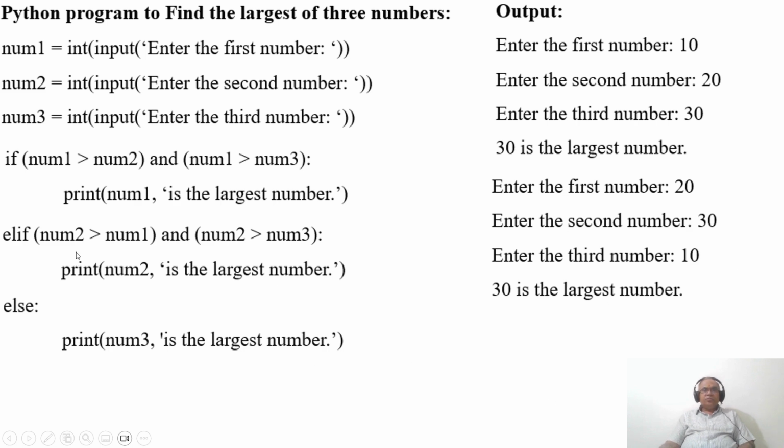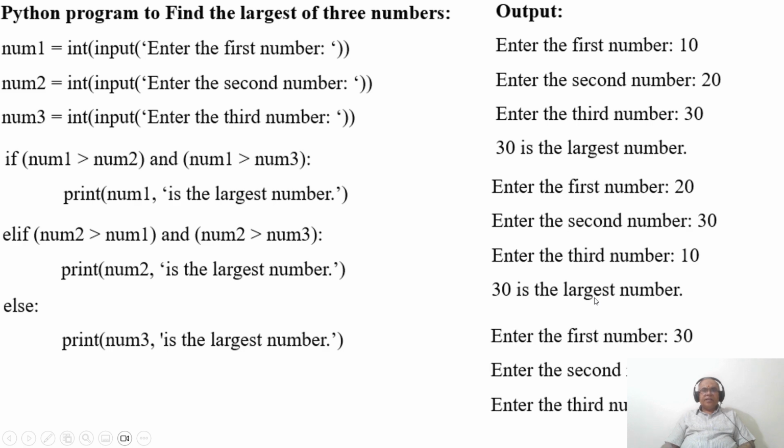Then it comes to num2. Is 30 greater than 20? Yes. Is 30 greater than 10? Yes. Here both conditions are true, therefore 30 is the largest number.